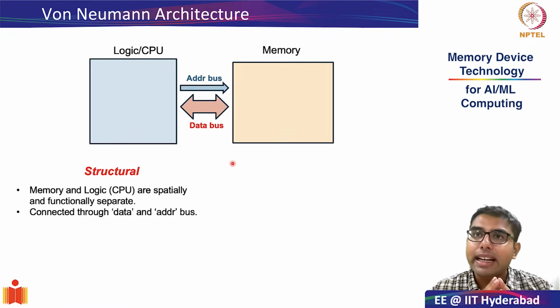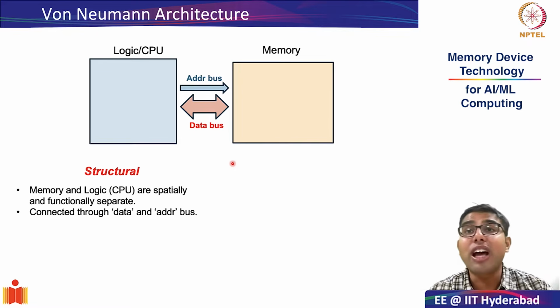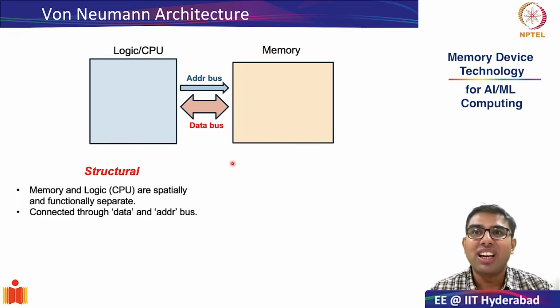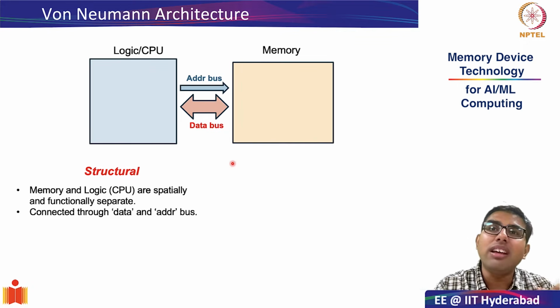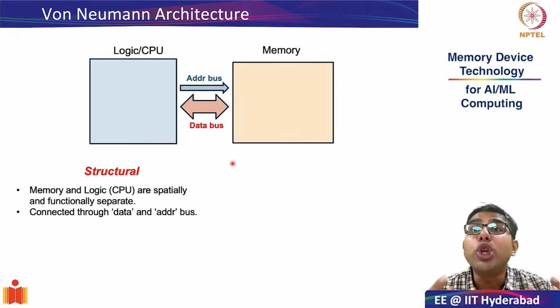The Von-Neumann architecture was postulated by John von Neumann in 1945 during the Manhattan Project. As you know, the Manhattan Project was the atomic bomb project. There, a lot of intense calculations were done by human computers. But soon people realized that there are limitations in accuracy and throughput of these human computers.